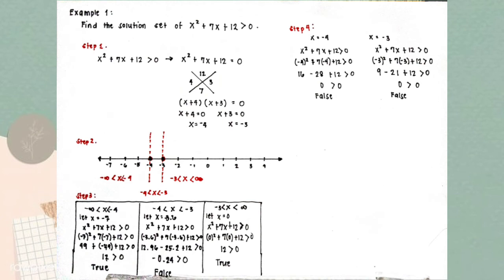Okay? So, therefore, the inequality is true for any value of x in the interval x is greater than negative infinity and less than negative 4, or x is greater than negative 3 and less than positive infinity.